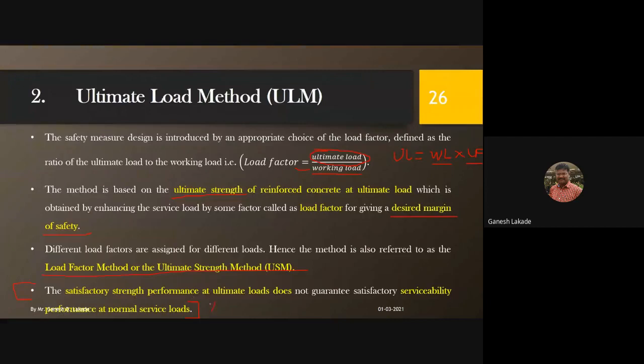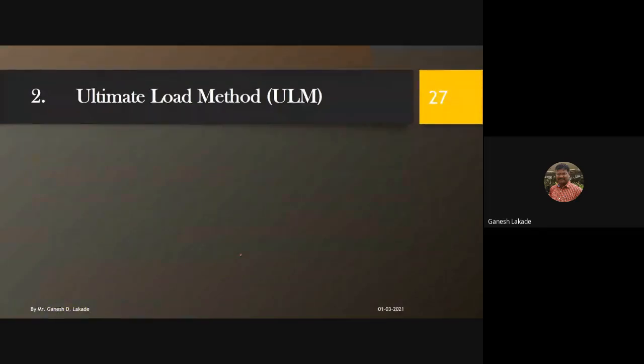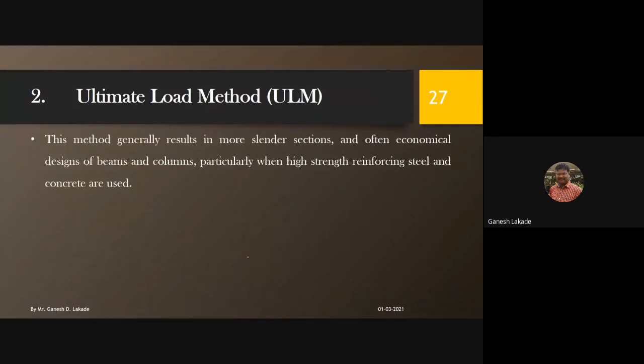As a point of consideration, some revisions were made in this method, and after correction of these small minor points, we got from the ultimate load method the limit state method, in which we consider the different limit states. We'll discuss that.